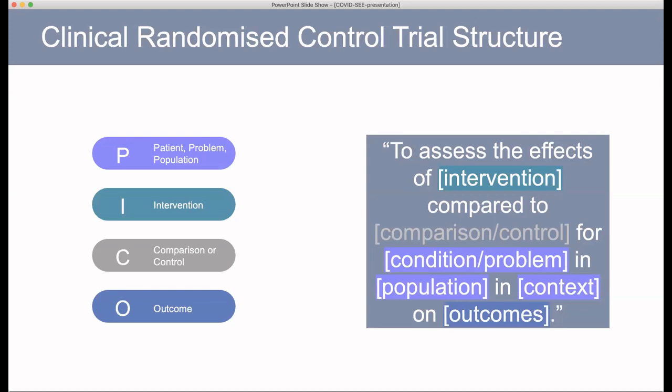Then what is the intervention being studied, and that's typically a drug or some other kind of treatment. Who is the comparison or control group? Essentially, what is the population that doesn't have the problem that you're going to use to examine the effectiveness of the intervention through the scientific method, and then what's the outcome of interest that you're going to be measuring. And so every randomized controlled trial effectively conforms to this basic structure.